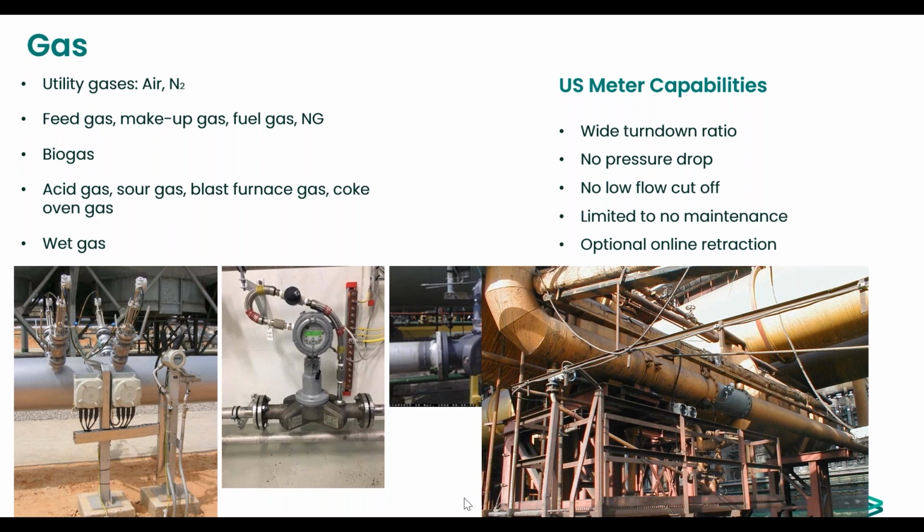So in the steel industry, we have a lot of those in the coke oven gas and the blast furnace gas, and they can also be online retractable because, depending on the trending of the diagnostics, you may need to retrieve the probes, clean them up, get the coke out, and put them back into service. Okay.